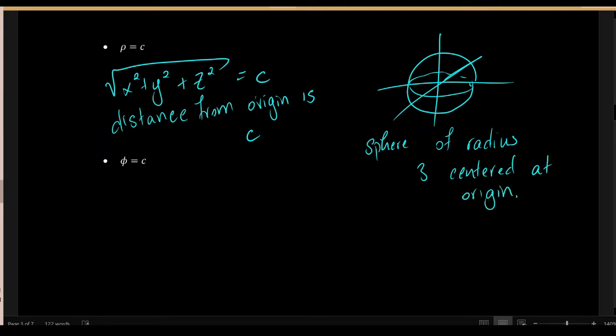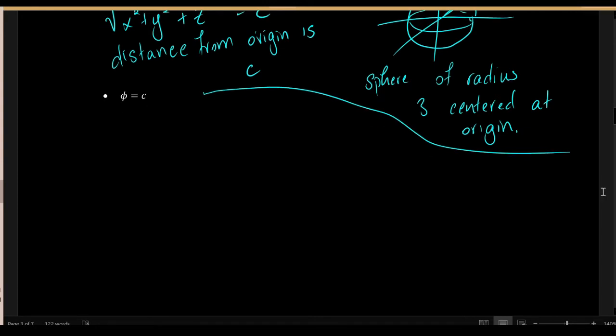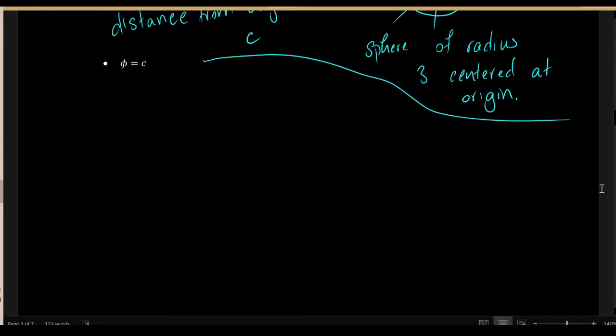Now, one of the most interesting examples of coordinate equals constant is this case of what if the spherical coordinate phi is constant? What kind of shape is formed by that? Now this describes any point whose angle with the positive z-axis is equal to phi.